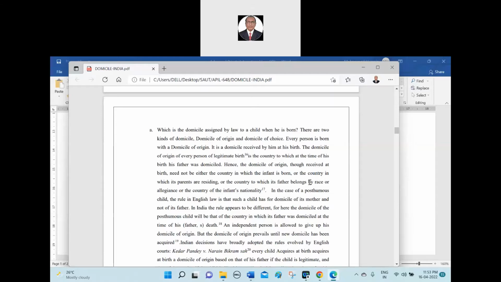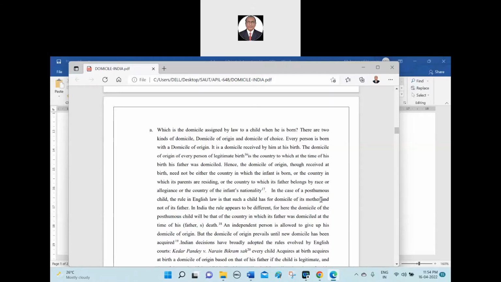The domicile of origin received at birth is, as I already told you, the country to which the father belongs by race or allegiance, or the country of the infant's nationality. In the case of a posthumous child, meaning the father has died, the rule in English law is that such a child takes the domicile of its mother, because posthumous means the father is no more.